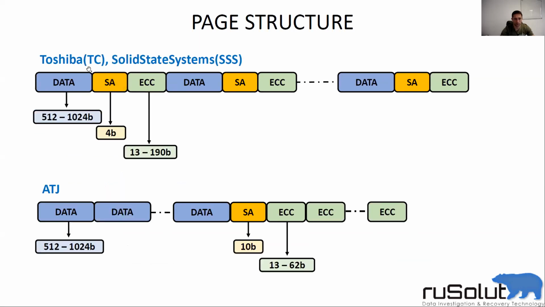And here we have Toshiba and SSS controllers, and ATJ. So I hope that these pictures may help you to do the page structure for some device if VNR doesn't do this automatically.